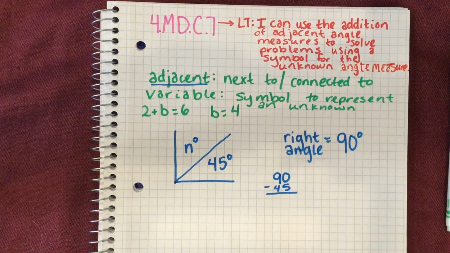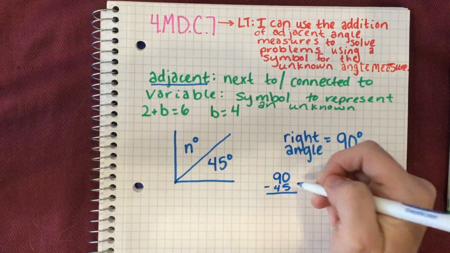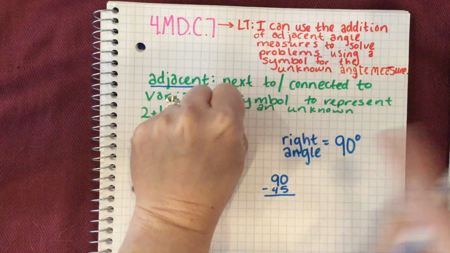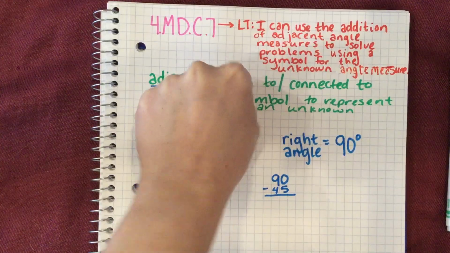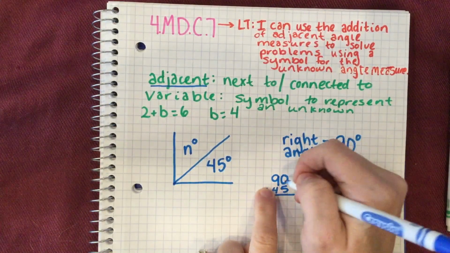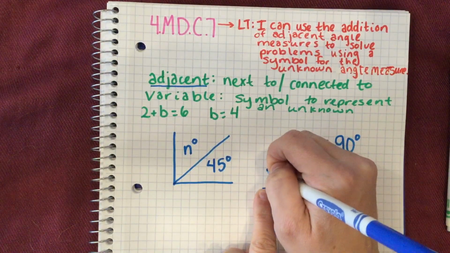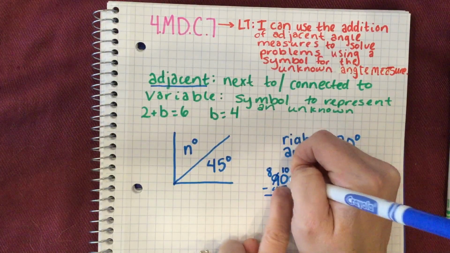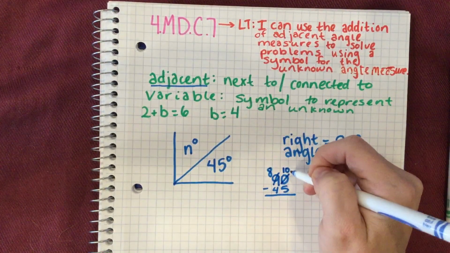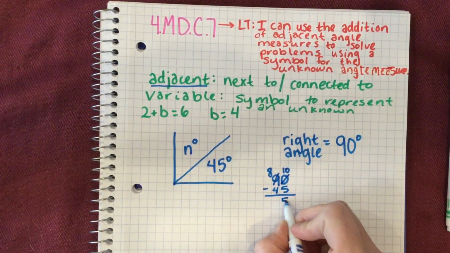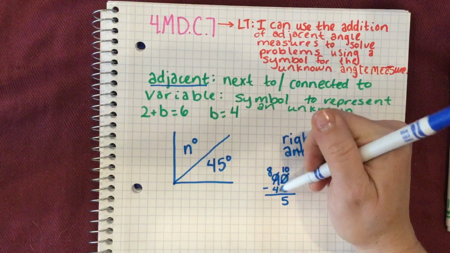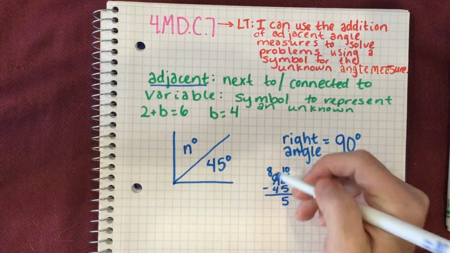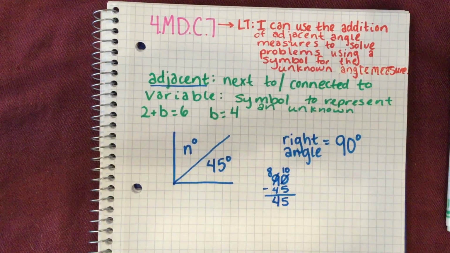So let's go back to our addition and subtraction strategies. We know that we cannot take 5 from 0 because if I have 0 fingers showing and I ask you to take 5 away, there's nothing to take away. So I'm going to borrow from the tens place. That 90 becomes 80. That 10 goes to the 0, and 0 plus 10 is 10. So now I can say 10 minus 5, you know it's 5. And I don't have to regroup because there's nothing else to regroup over here, but I know that 4 can be taken from 8. 8 minus 4 is 4.